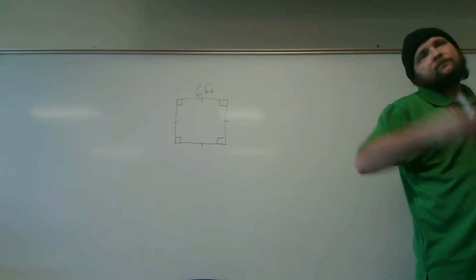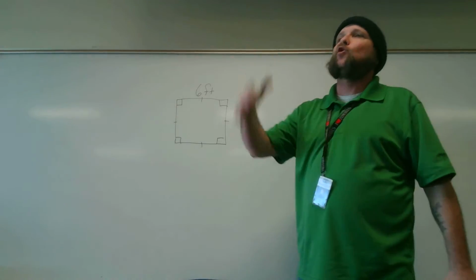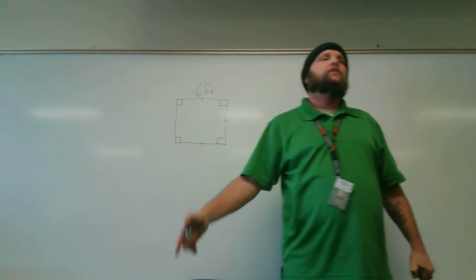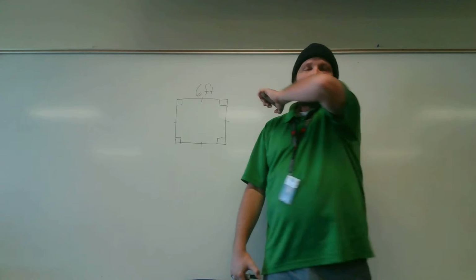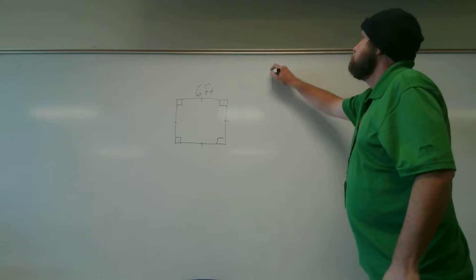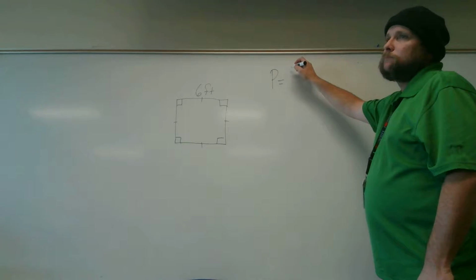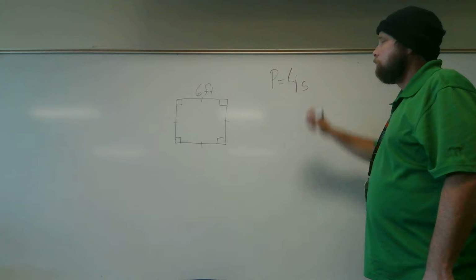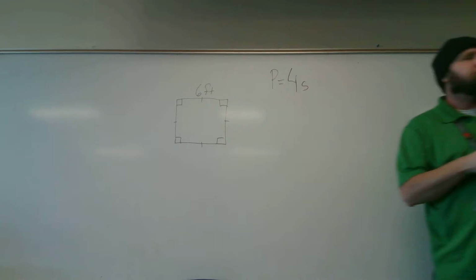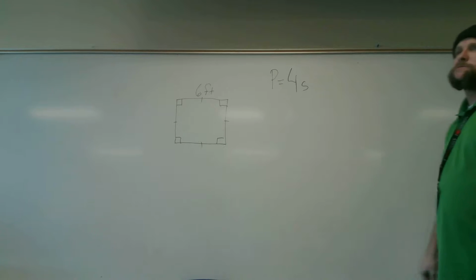Now, you can tell me right away what the perimeter is, but let me ask you what the formula is for finding the perimeter of a square. Rocky. It is P, perimeter, equals 4 times S. Okay. Rocky, what do you think the S stands for?